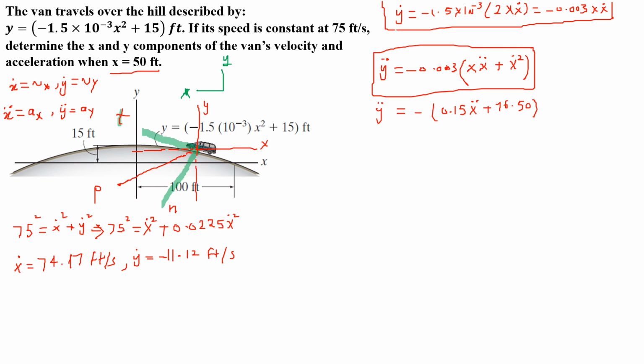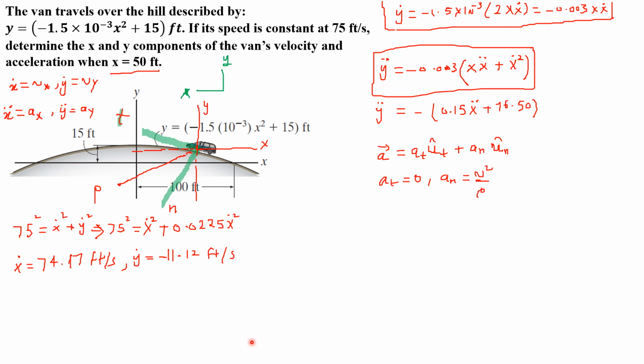Since we are moving again along a curve, the acceleration for this car is a equals the tangential component a_t along the unit vector t hat plus a_n along the unit vector n hat. Now a_t in this question is 0, but a_n is not 0. In fact, a_n is equal to v squared over rho.